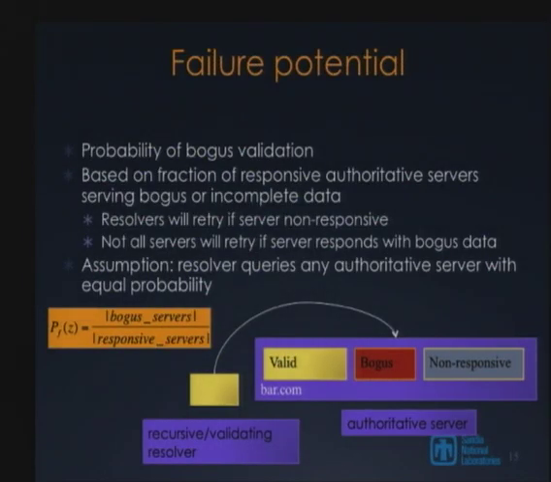So basically what this equation looks at is the probability of bogus validation, meaning the probability that you'll get bad data from hitting these servers. And this is based, of course, on the assumption that there's equal probability that you'll query any of these servers. Okay, so if you take the number of bogus servers and divide that by the number of responsive servers, that's what we call failure potential for a particular zone. So in this case, the failure potential would be 1/2 because you have one serving valid data, one serving bogus data. The non-responsive one we toss out because a resolver knows to just try again if it gets that one.